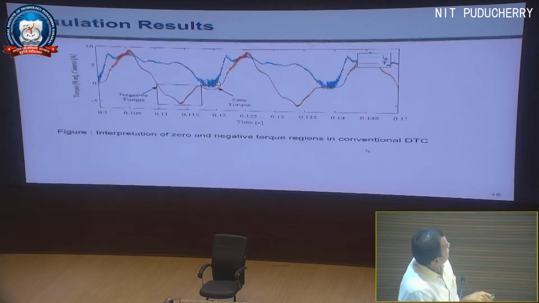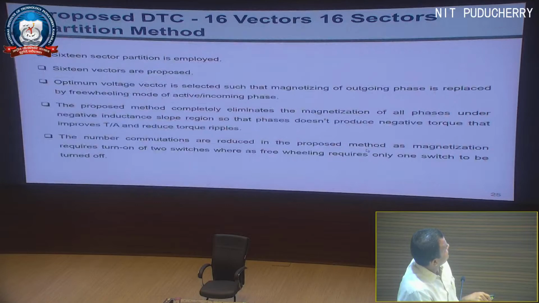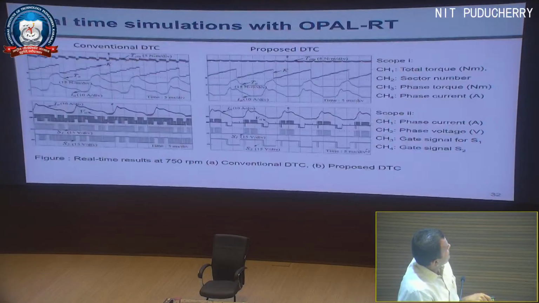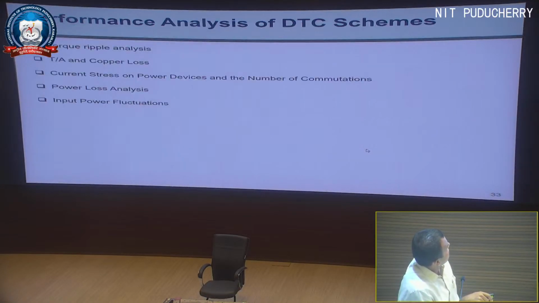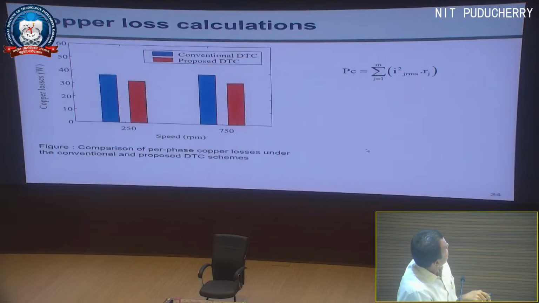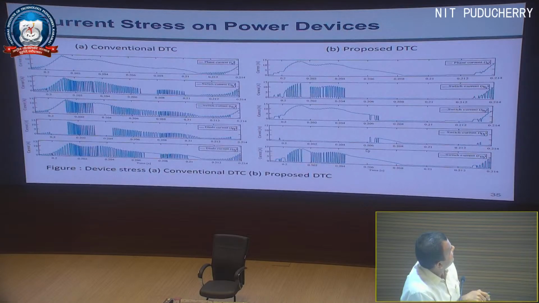So where did we leave off? Yes, that is what I mean, the commutation. As we expected, the proposed method has fewer losses compared to the conventional DTC, and then the current stress on the power devices is also very important, because we are not satisfied with the low frequency.